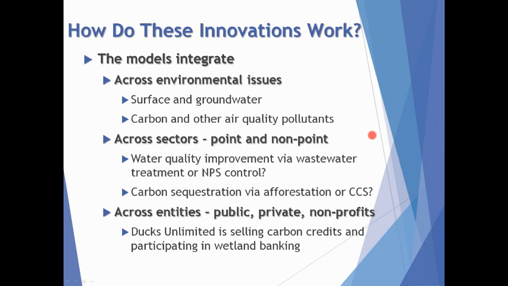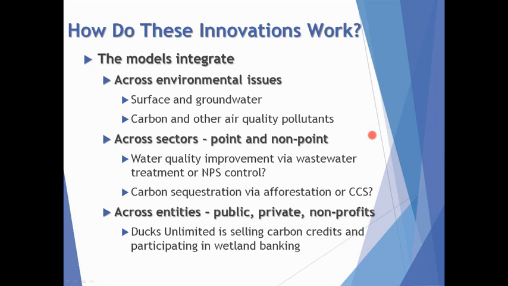These models also help us because these days, as we've seen, there is a variety of entities, both geographically speaking and in terms of whether they're public, private, or not-for-profit, that have different interests and different environmental goals. So I think a good example of this is how Ducks Unlimited is now entering the carbon market and participating in wetland banking.